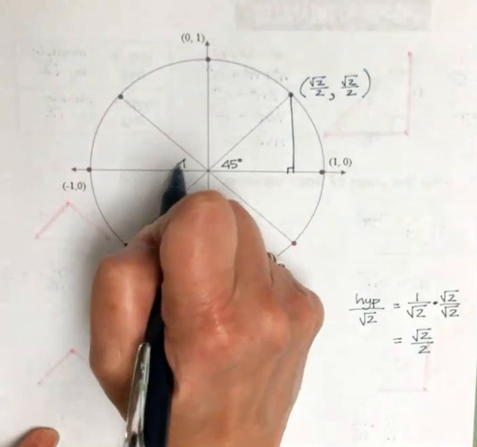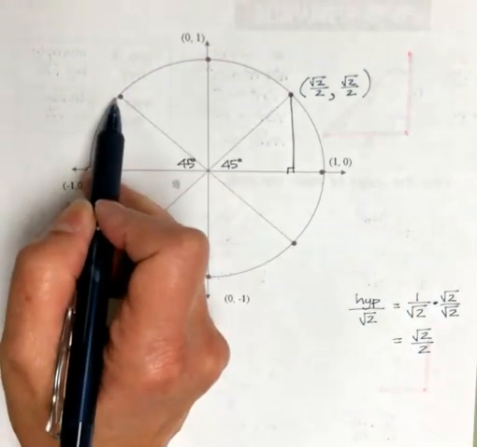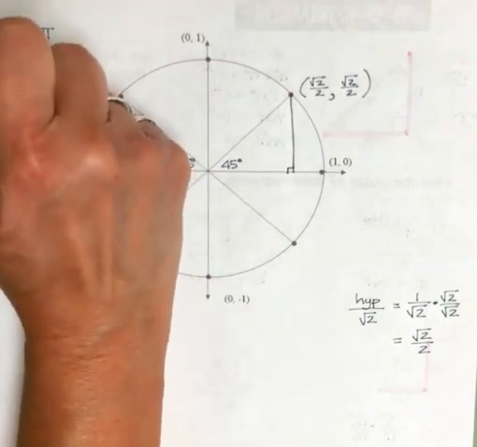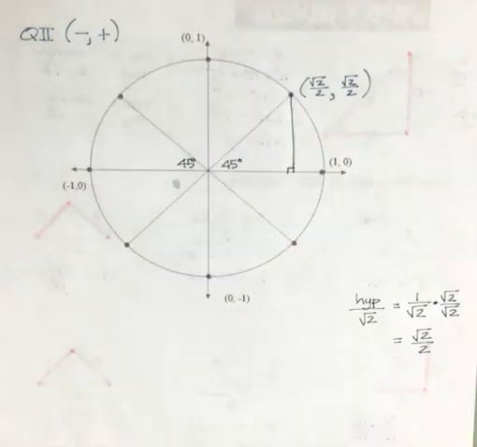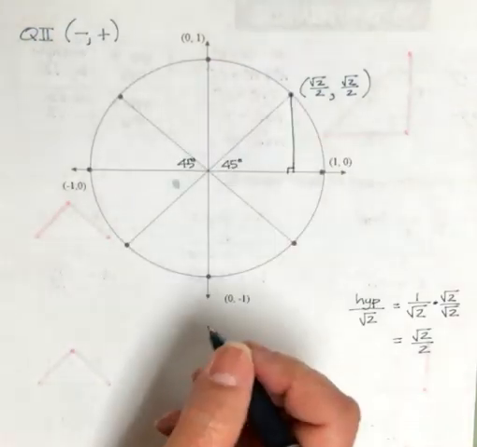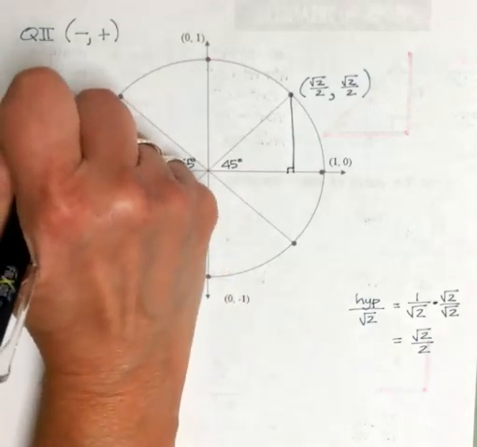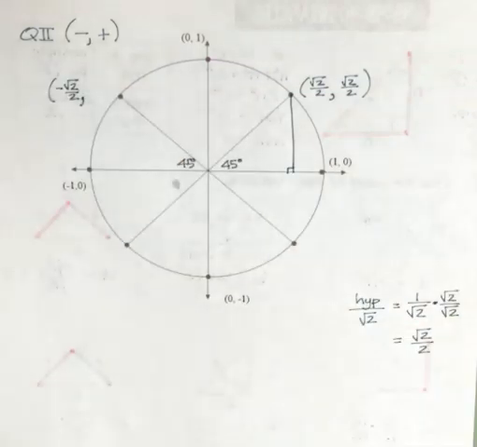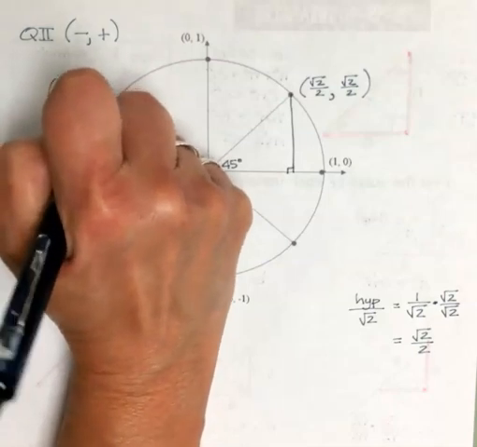Over here, this is also 45 degrees, but notice we're in quadrant 2. In quadrant 2, our signs change. Our x is negative and our y is positive. So the coordinates for this point is negative square root of 2 over 2, square root of 2 over 2.